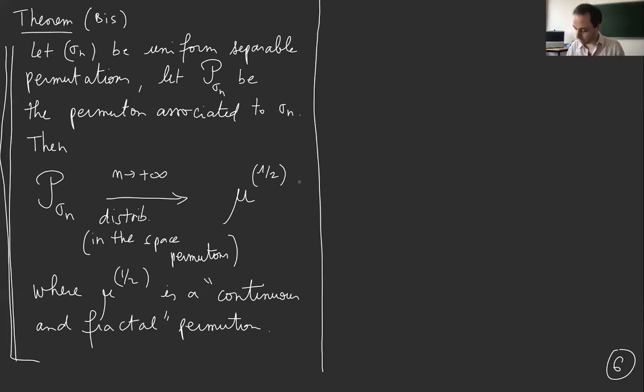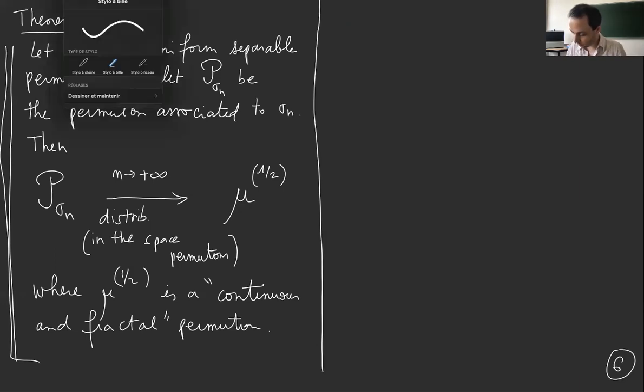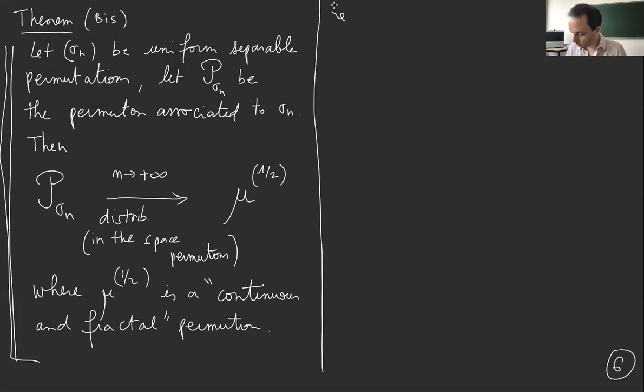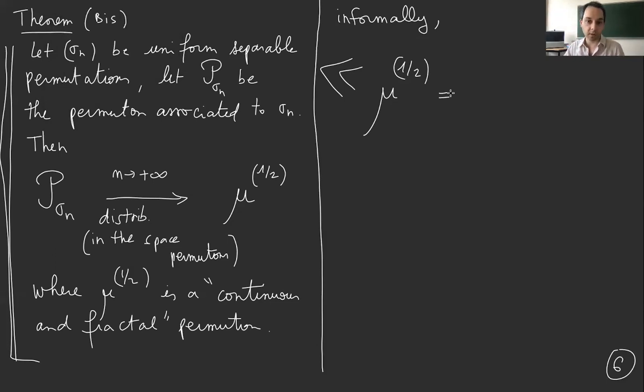Okay, and so very informally, mu 1/2 is the pre-image of the Schroeder transformation from permutation to tree applied to Aldous's CRT.